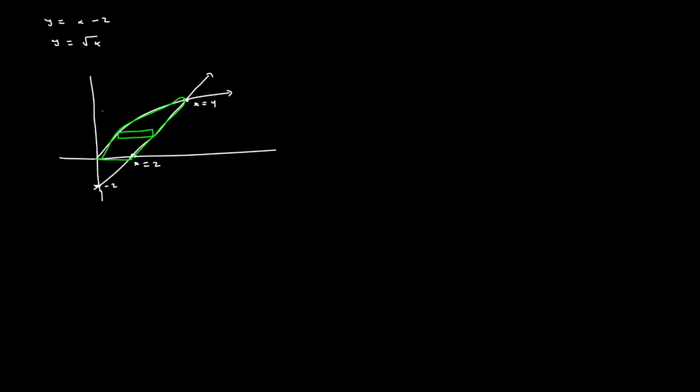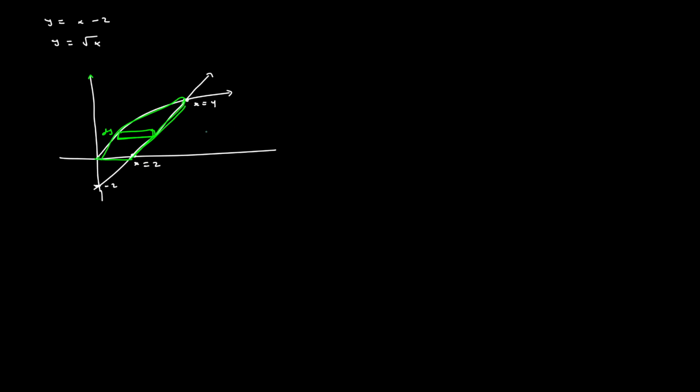So if we change our integration to y, our width becomes dy, and our height is always the difference between the x value that x minus 2 takes on and the x value that square root of x takes on. So when we integrate with respect to y, the same area that we found last time can be done in one integral. So how do we do that?